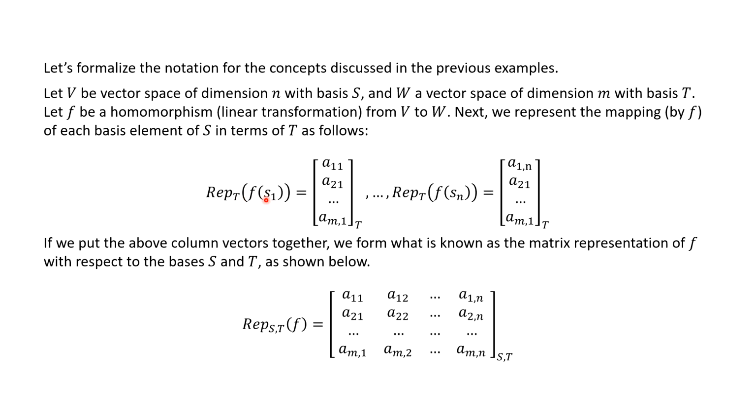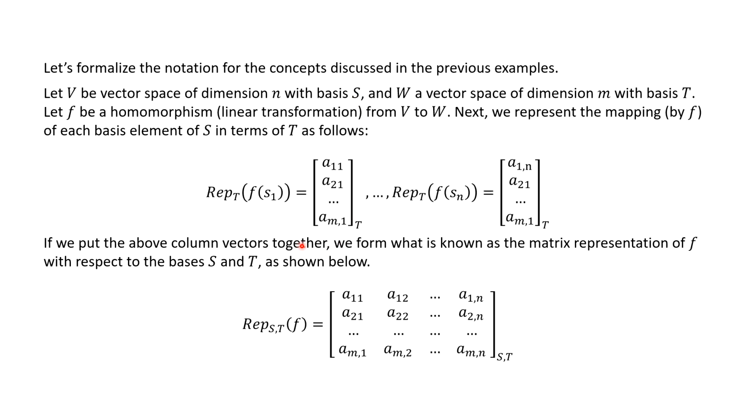So the representation of F of S1 with respect to T is this column vector, and we do that all the way up to S sub n, because we said there's n elements in the basis.